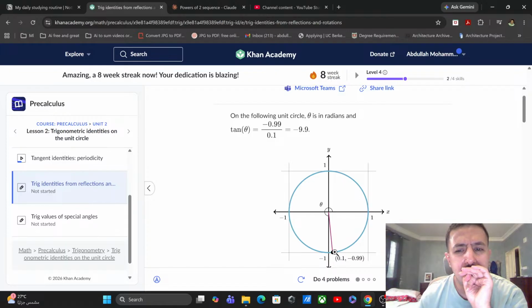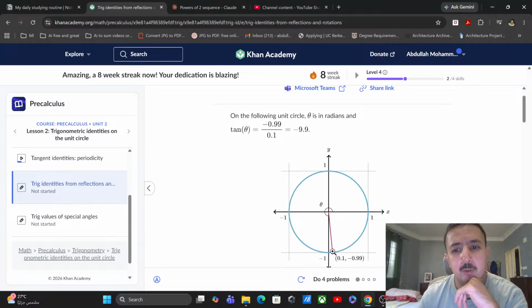So this is theta plus pi, which is gonna be here because it's plus pi, and this is the pi. So it's gonna be here. 2 pi, it's gonna land here.